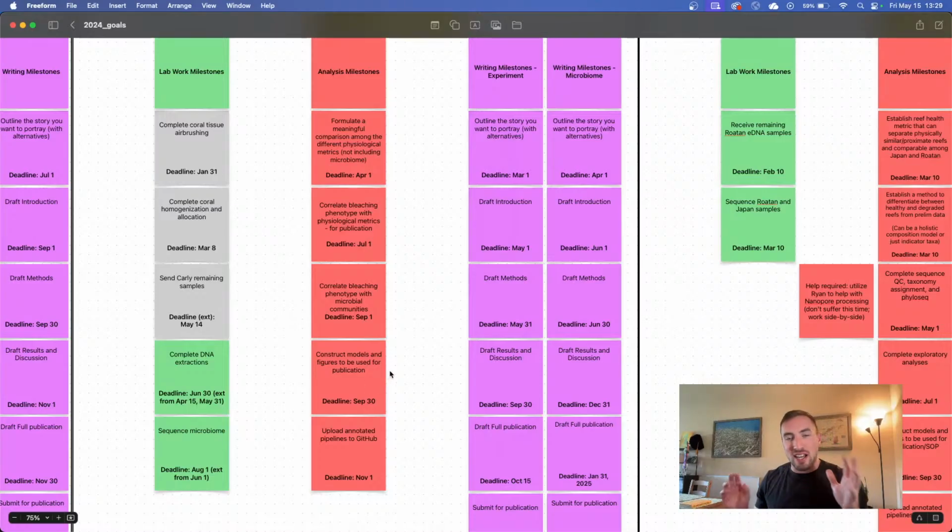Even if you don't know exactly what the story is going to look like, while you're planning, you have a goal for your project before it even starts. You're like, I want to describe the responses to coral bleaching based on, like, I'm going to manipulate variable A and measure effects X, Y, and Z. So you want to identify the effects.